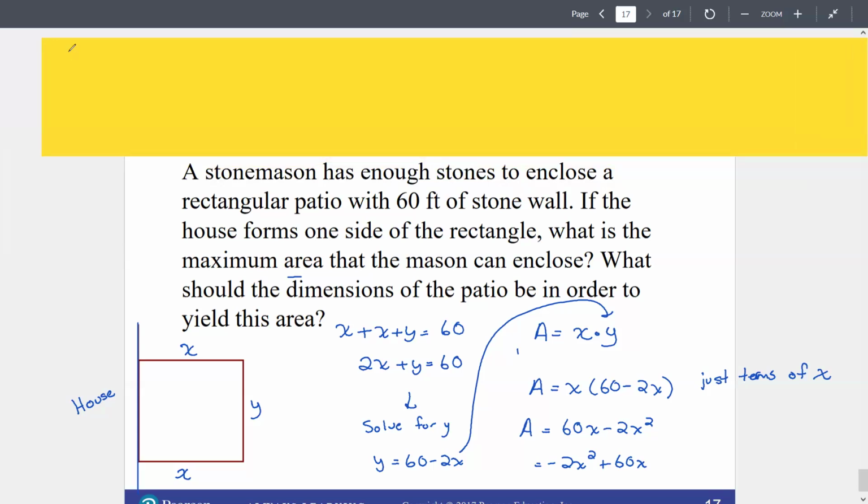So we have an equation. You can treat this as f(x), since it's area. We got f(x) = -2x squared + 60x, and I want to find a maximum. I want to find that maximum area, so I'm looking for the maximum of this equation because this is my area equation. So what I need to do to find a maximum, well, that means find the vertex.